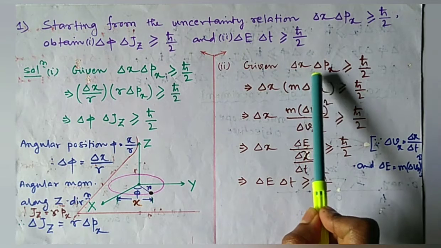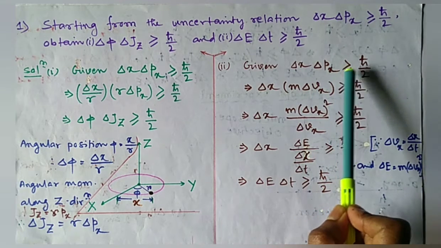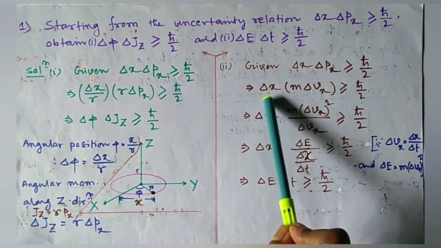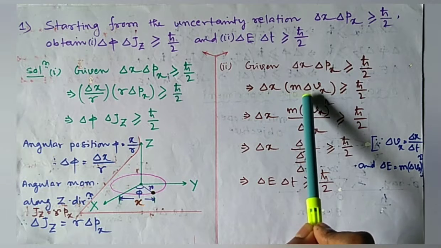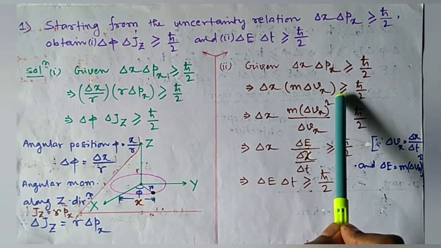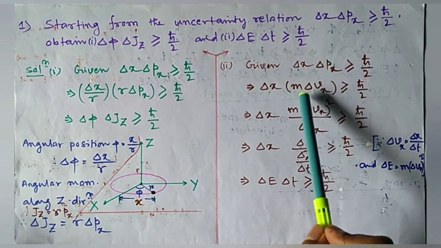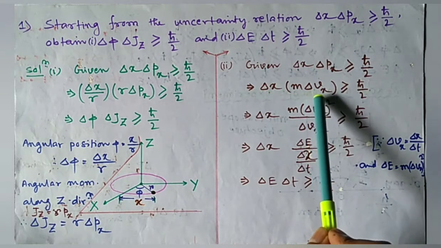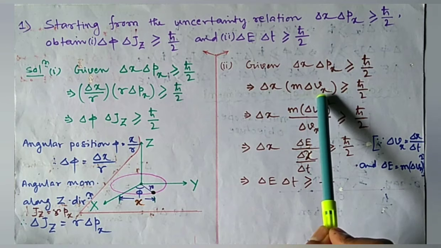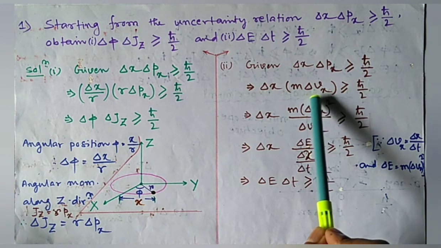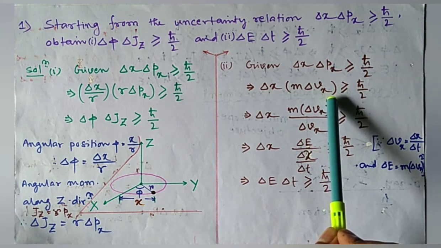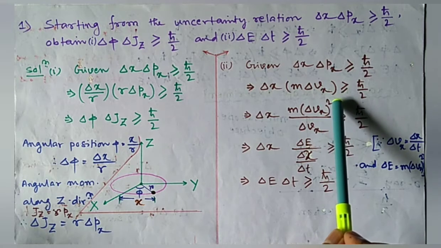Given delta x delta px greater than or equal to h bar by 2, or delta x into m delta vx greater than or equal to h bar by 2, as we know delta px equals m delta vx. Delta vx is the uncertainty in measurement of velocity of the particle along x direction.